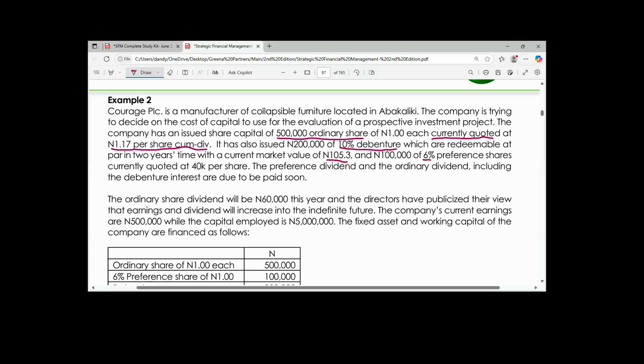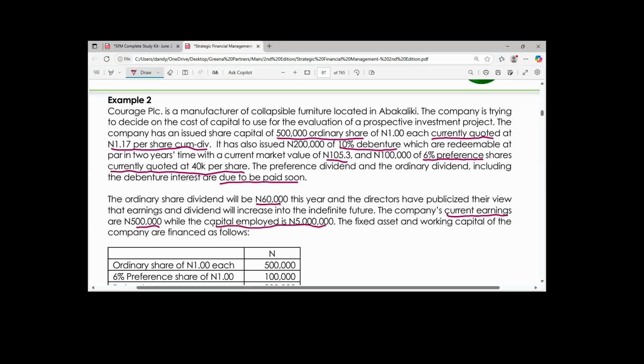The preference dividend and ordinary dividend, including debenture interest, are due to be paid. The ordinary share dividend will be 60,000 naira this year, and the directors have publicized their view that earnings and dividend will increase into the indefinite future. The company's current earnings are 500,000 naira, while the capital employed is 5 million naira.